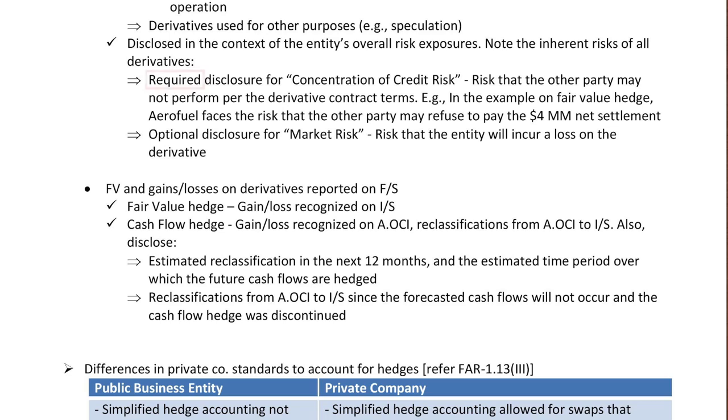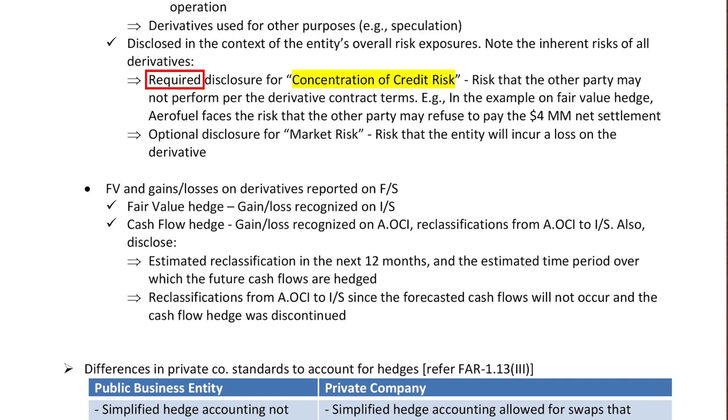Put a box around required because there is a required disclosure for highlight concentration of credit risk. So credit risk, that's the risk of default. And if that credit risk, the risk of default is concentrated, make sure you disclose it. So look at this.